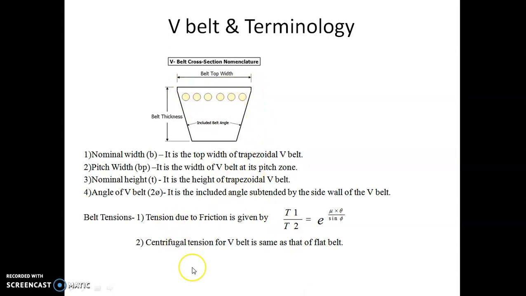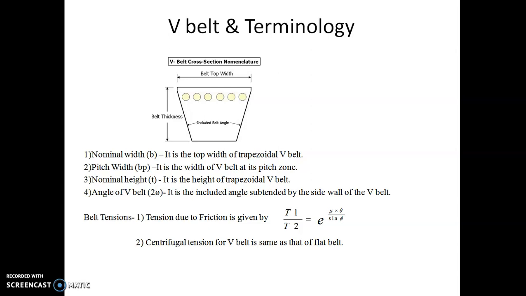Then second, pitch width. It is denoted by BP. It is the width of V-belt at its pitch zone. All the V-belts, they are specified by their pitch width. Next one is nominal height or belt thickness.